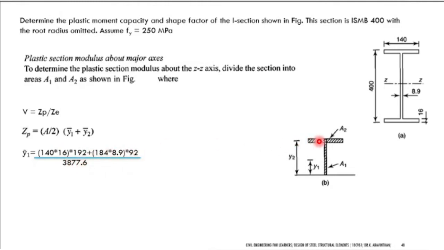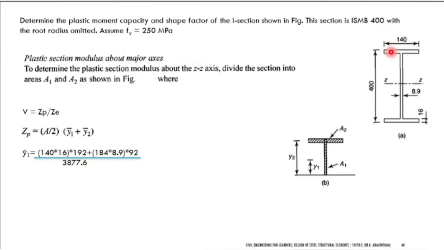What a1 and a2 are: I have taken this as a2 and this as a1. For the first rectangle, the breadth is 140 and the depth is 16.